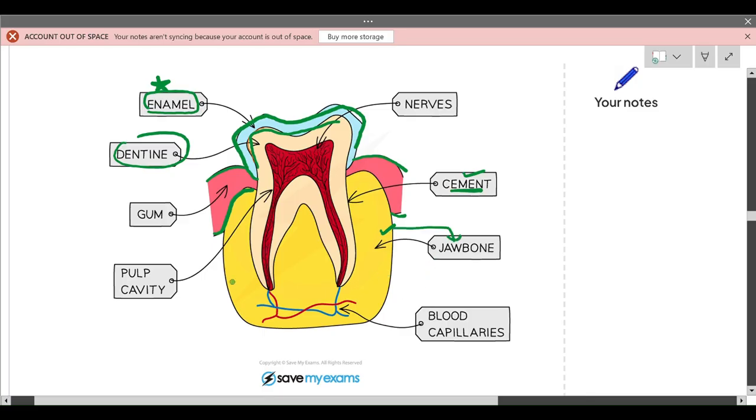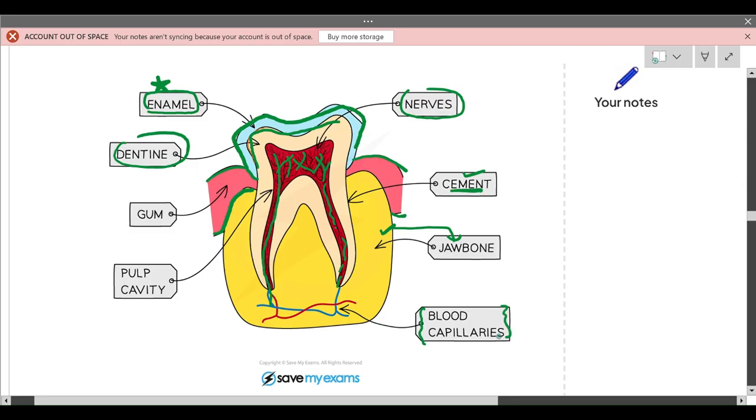And you can see that at the inner side the teeth are richly supplied with nerves as well. The nerves are coming in and branching here, so that's why you can feel the sensitivity of the teeth.